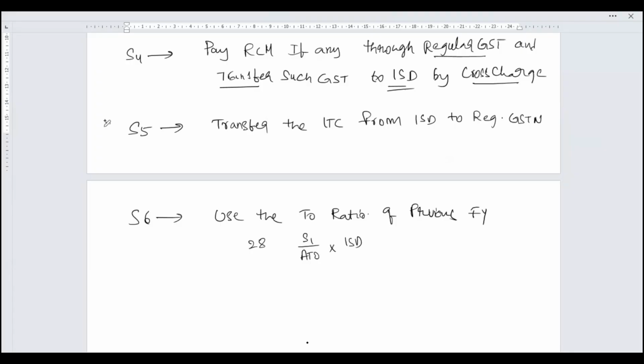All 28 states, whatever turnover is there, that will be denominator. Whatever particular state is there, that will be your numerator. State 1, state 2, state 3, I'll get a proportionate. That I apply on the ISD, IGST, CGST, SGST separately. This is what I have to apply.